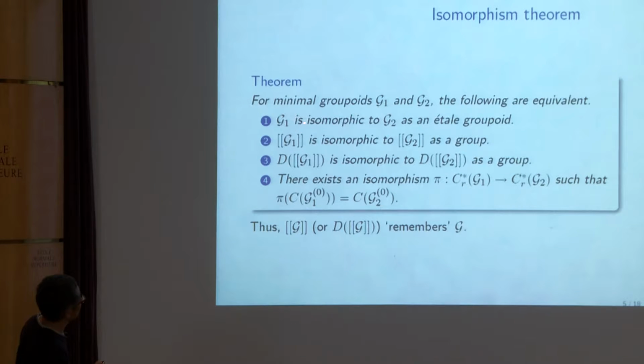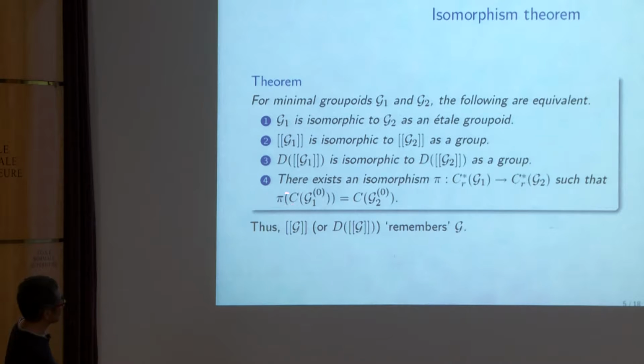First, G1 is isomorphic to G2 as an Etale groupoid, as a groupoid with topology. Second, the double bracket G1, the topological full group, is isomorphic to the topological full group of G2 as a discrete group. And the third condition says that the commutator subgroup D of G1 is isomorphic to that of G2 as a group.